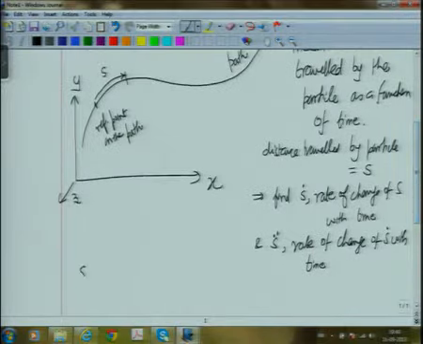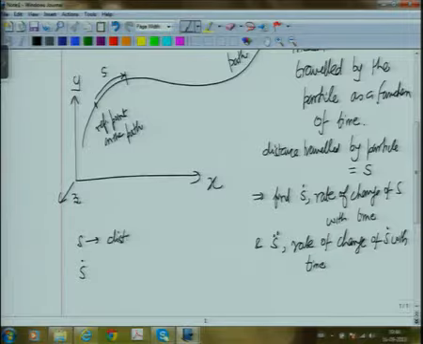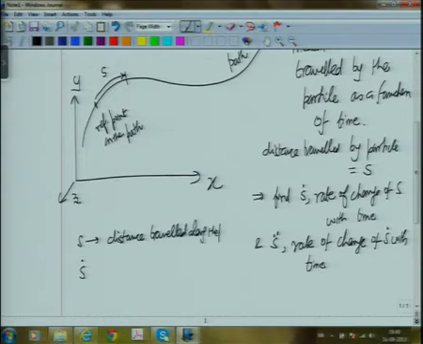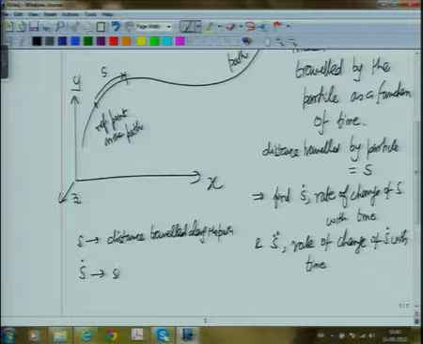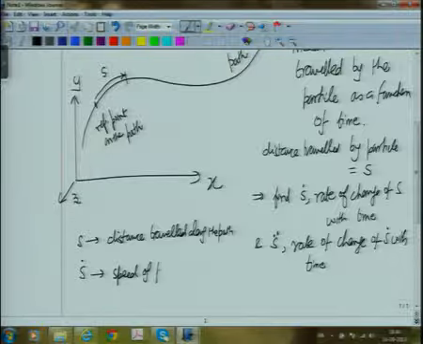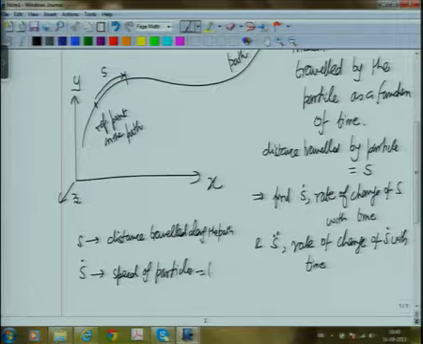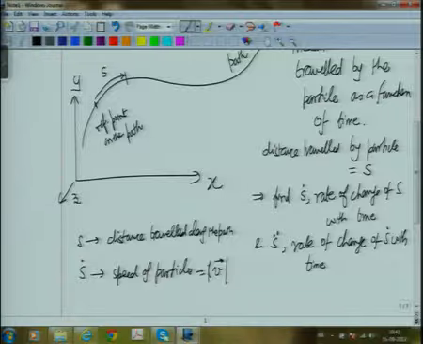Now, what is the physical significance of s? s is the distance travelled along the path. What is s dot? s dot will be the speed of the particle, and this, as we know, will be equal to the magnitude of the velocity.